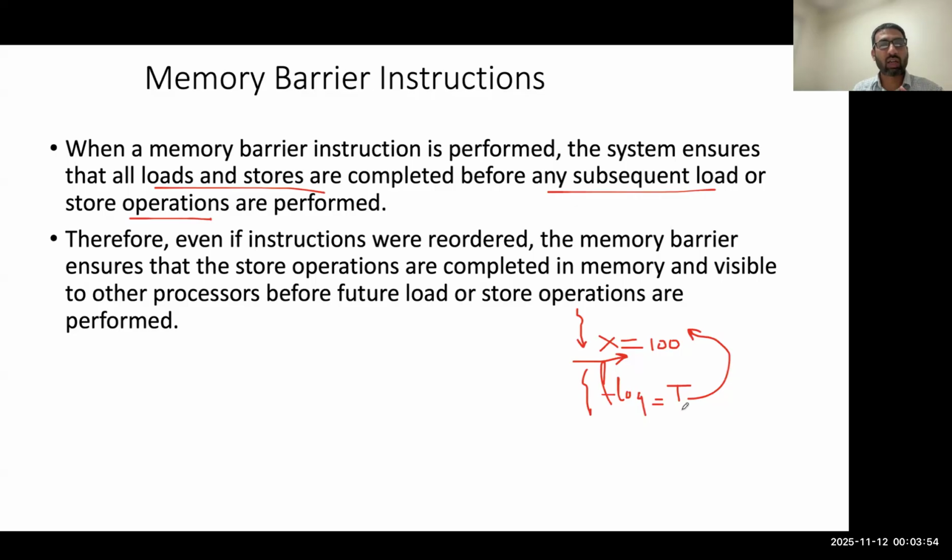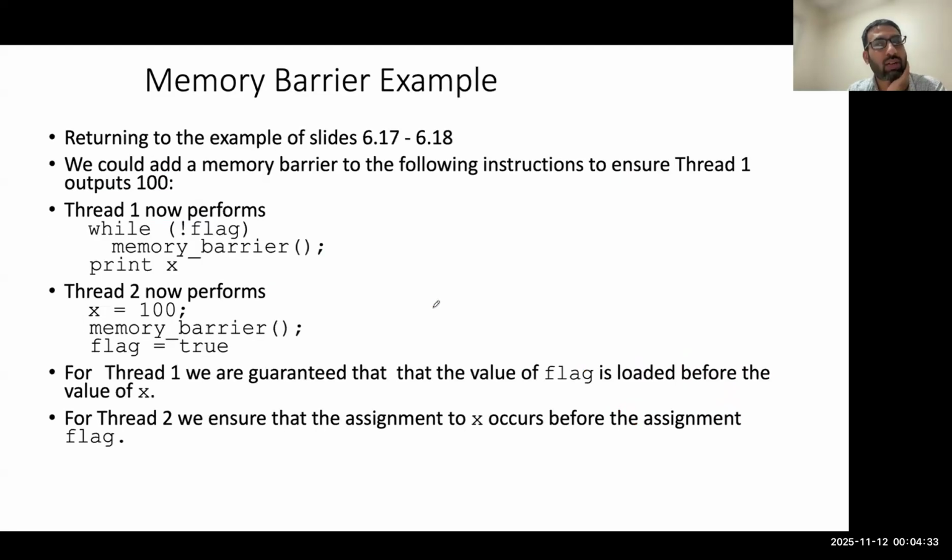Because even if there is a possibility of reordering, once we put the memory barrier, we are saying no, don't reorder the instructions across the barrier. So any instruction which appears in our program order after the barrier should be executed after all the instructions before the barrier have been executed. Therefore, if instructions were reordered, the memory barrier ensures that the store operations are completed in memory and visible to other processes before future load or store operations are performed. So this actually solves our problem.